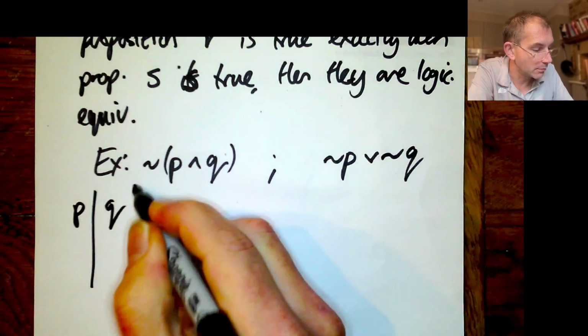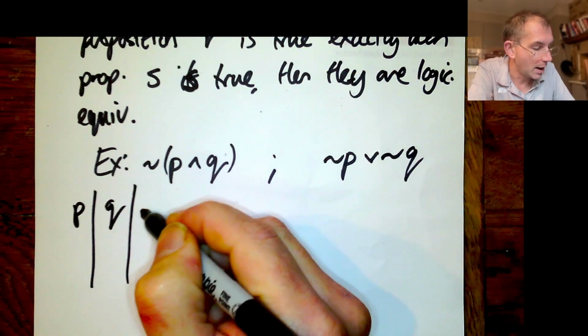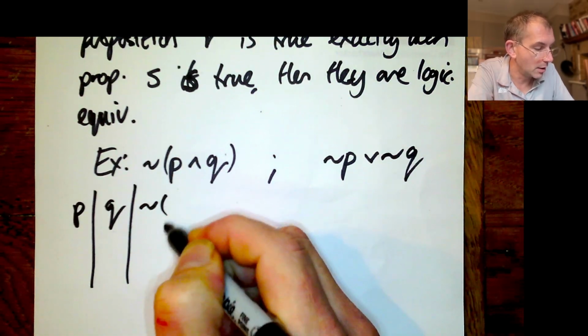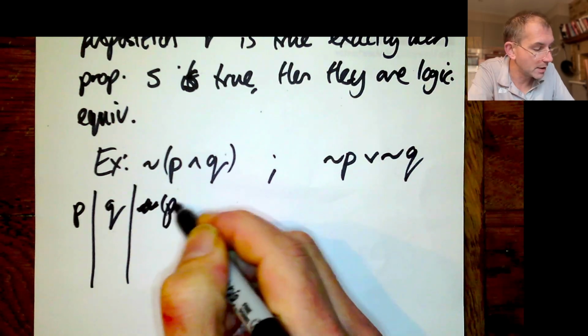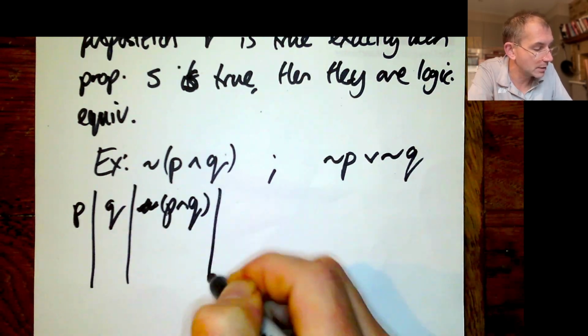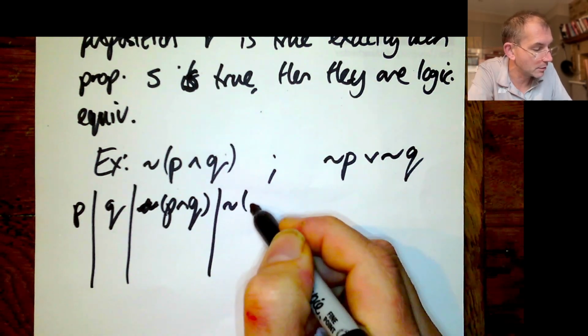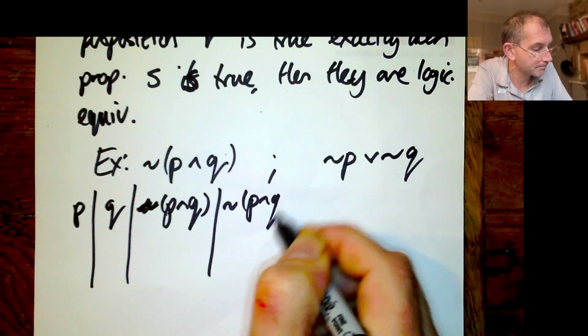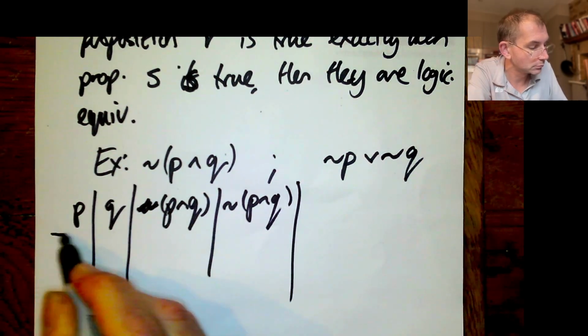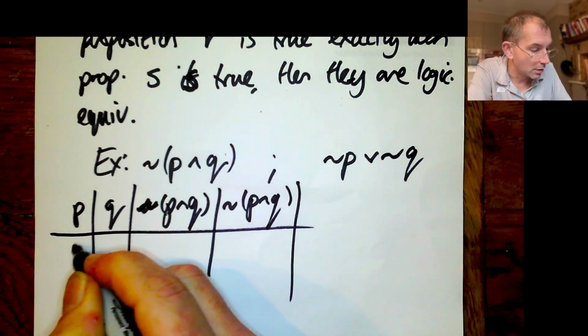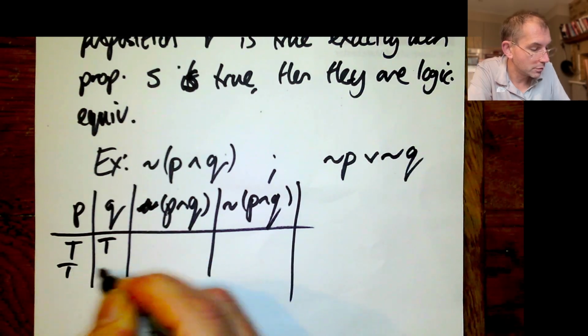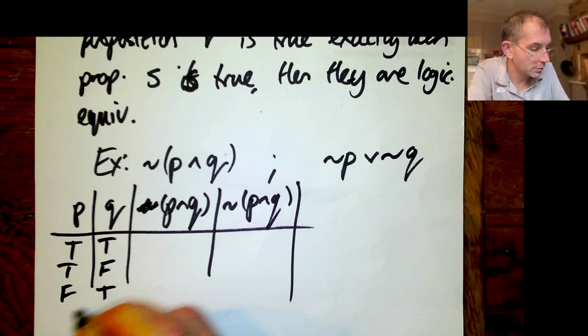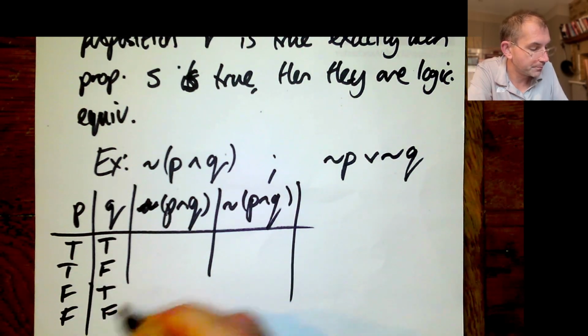So we've got P, we've got Q, and then let's do it bit by bit, P and Q, and then let's do not of P and Q. So we've got true, true, true, false, false, true, false, false.